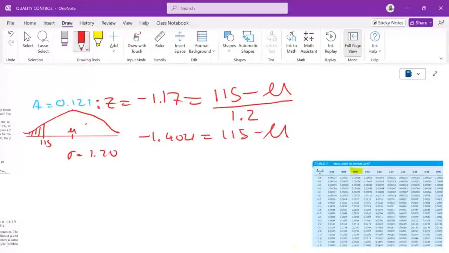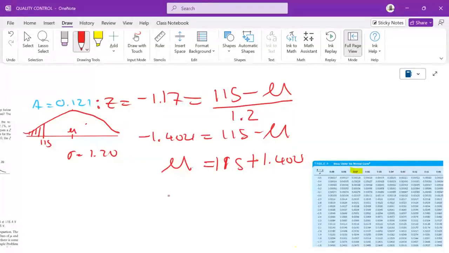So now if this goes this side, it becomes positive. If this one comes this side, it becomes positive. So now we have this going that side, 115 plus 1.404. Okay, then 1.404 plus 115.